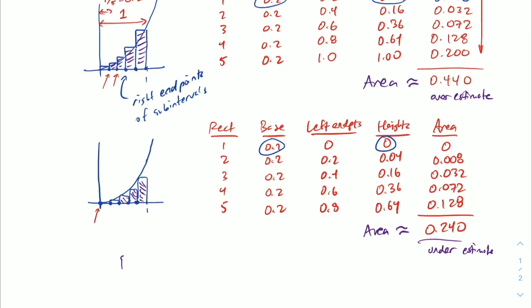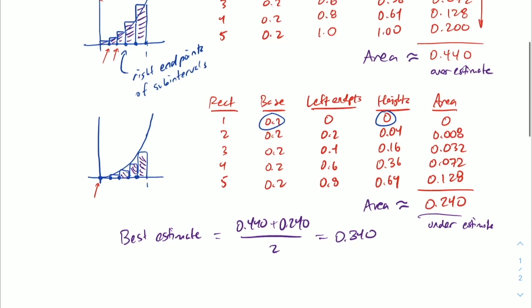The best estimate here, given these two numbers, would be the average: 0.404 plus 0.240 divided by 2, which gives us 0.322. The actual area, which we'll see later on how to calculate, is going to be 0.333 repeating. So this is a pretty good estimate.